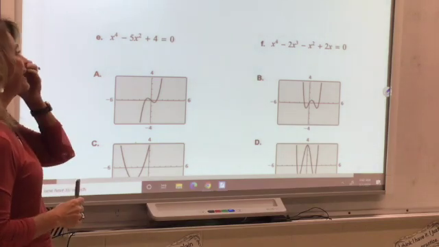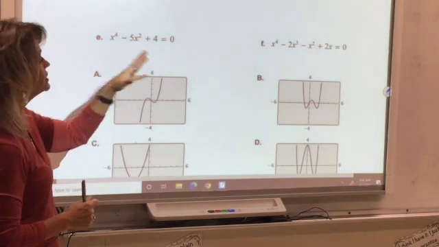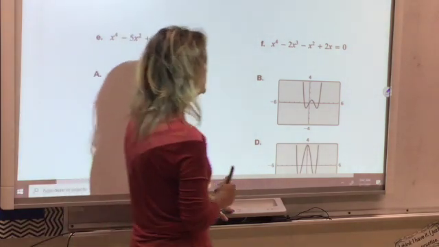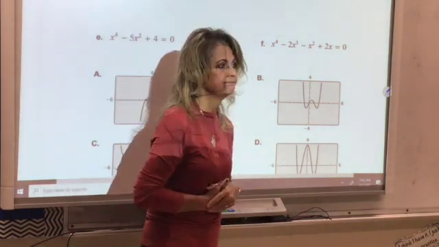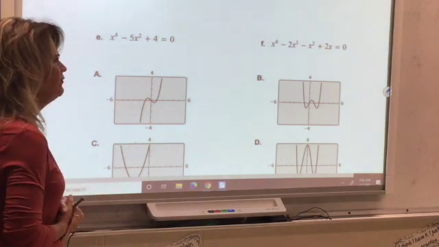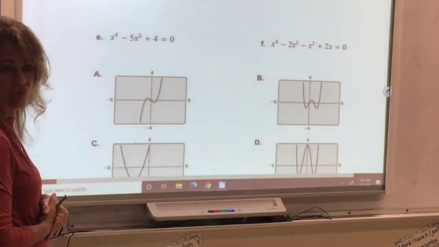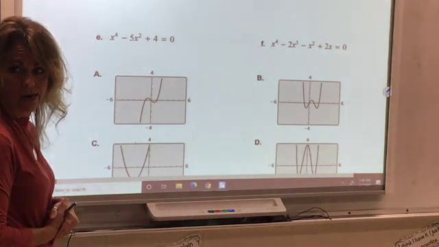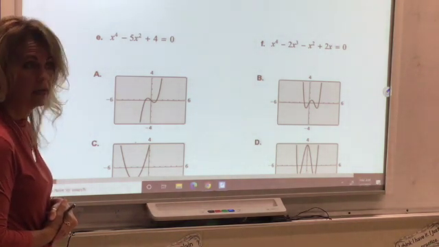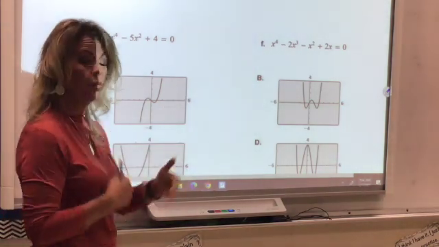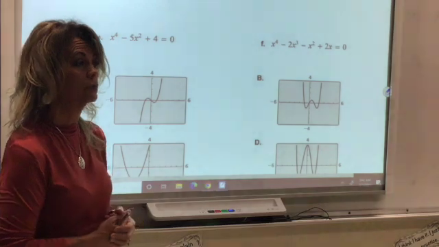Okay, let's look at E. Well, first let's look at F, then we'll look at E. All right? Now with F, F's a little bit different. What? We have 2 to the 4th power. So we're going to have 4 solutions, right or wrong.